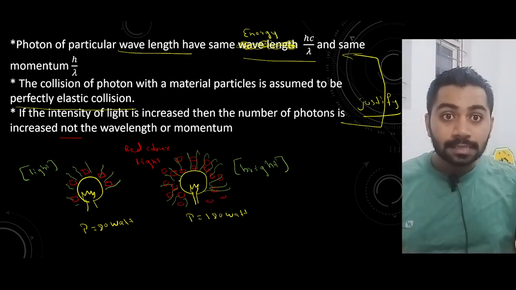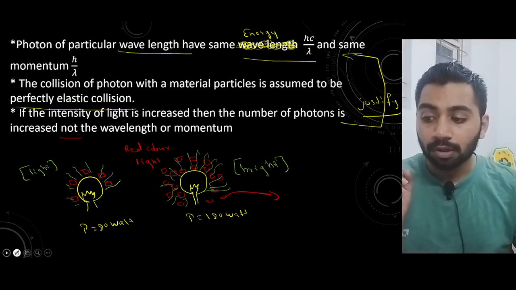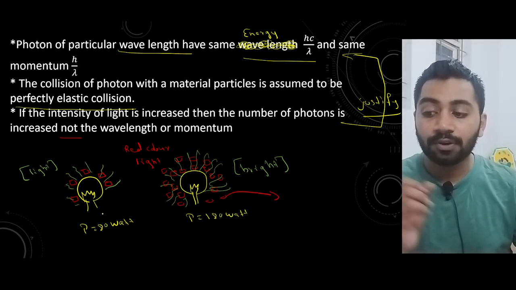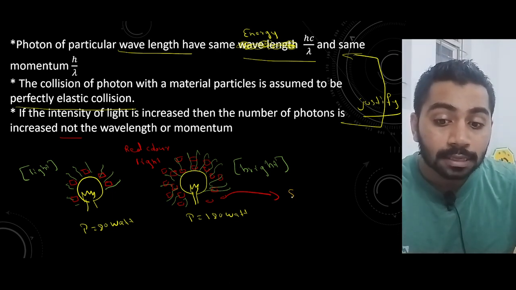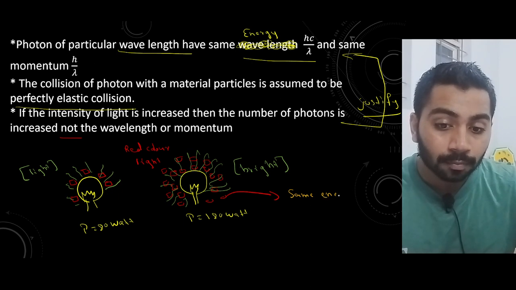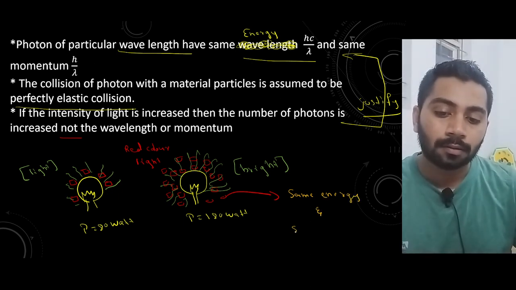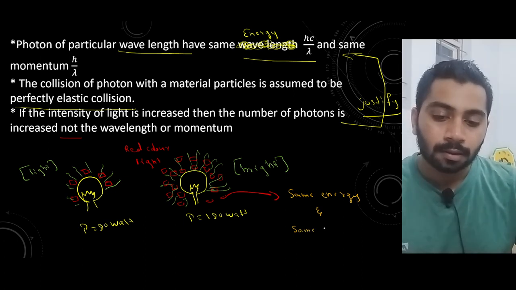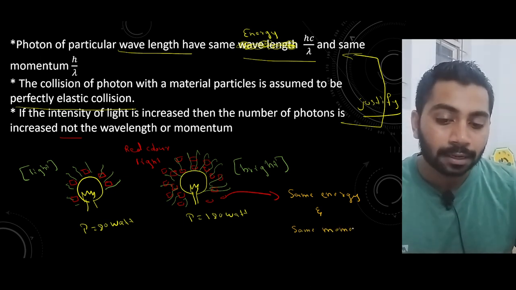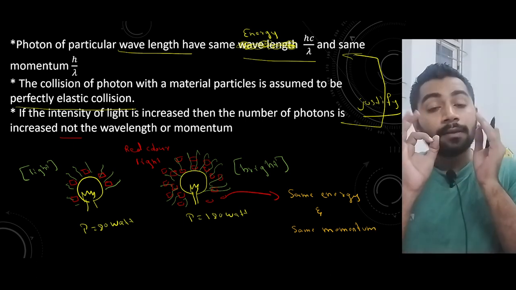In both, the difference is that the number of photons is increased. But if you take an individual photon, it has the same energy and the same momentum. When intensity increases, it will have the same energy.